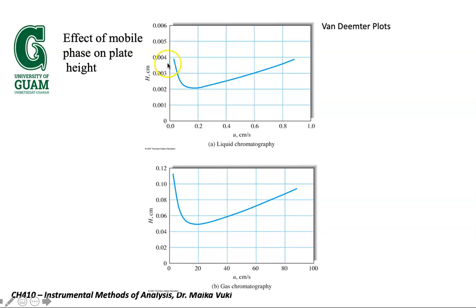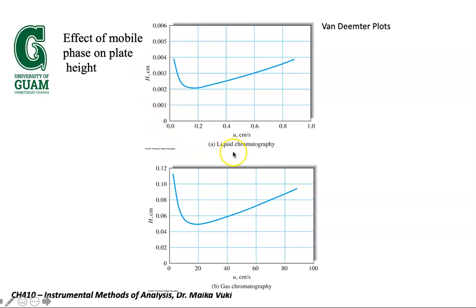So in general, this is basically the relationship between the plate height as a function of the mobile phase velocity. From 0 to 1 here, you're looking at the plate height relationship. These two plots basically give you the same trend. However, you're looking at two different scales here.